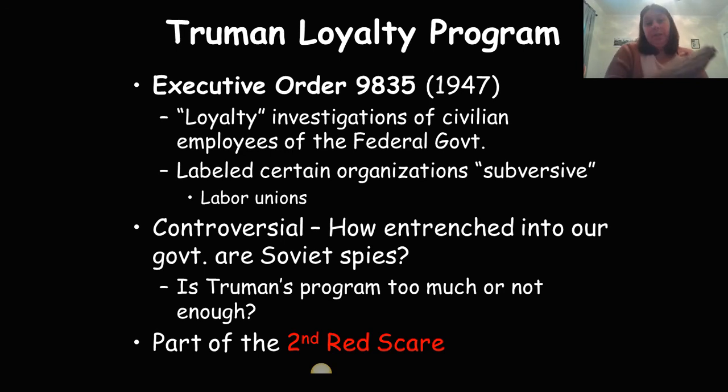If you remember, the first Red Scare after World War I was really concerned with immigrants, right? It was this whole idea of immigrants bringing dangerous, radical ideas. The second Red Scare after World War II is more about the idea of communist spies, that there are secret spies embedded in our lives, in our government, in our institutions.